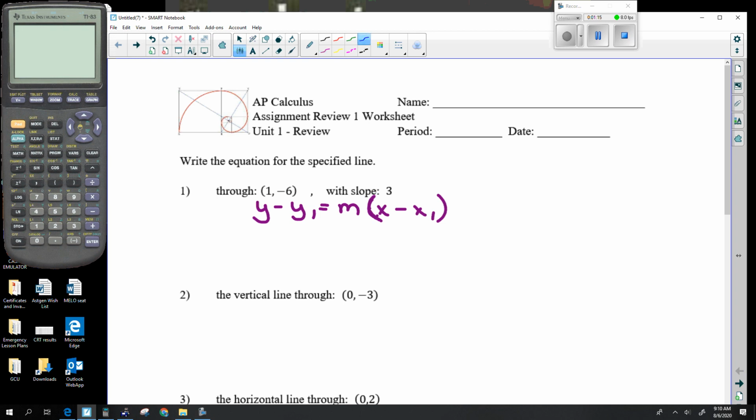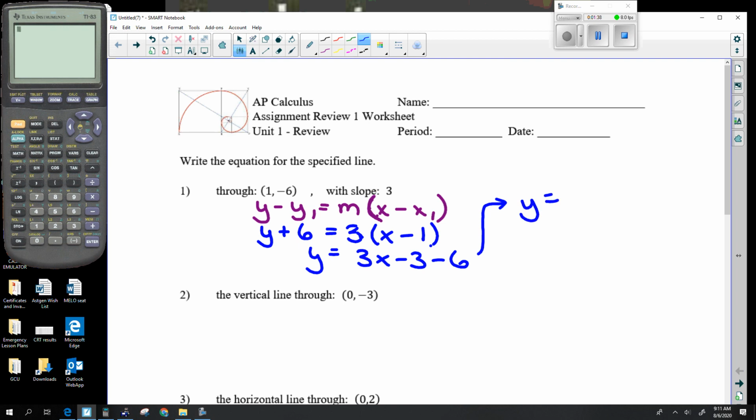Plugging and chugging in this one, we have y minus y1 is equal to m times x minus x1, multiply in, in this case subtract 6, so that says y is equal to 3x minus 9.